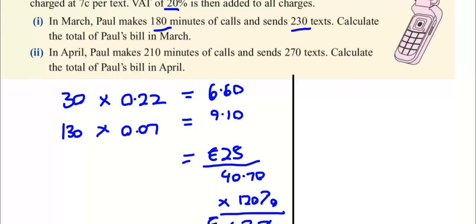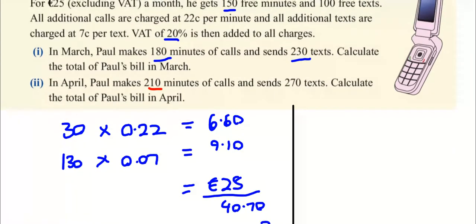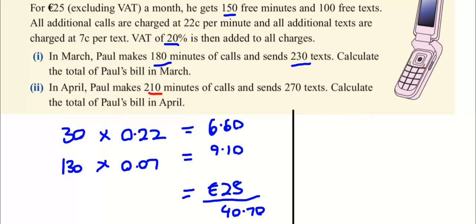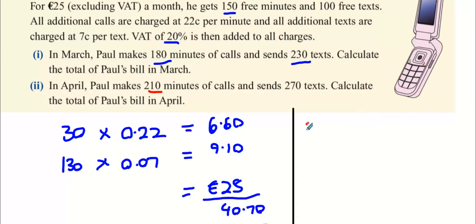And in April, what we get is 210, which equates to 60 minutes extra that were charged, because it's 60 minutes above the 150 free limit, so it's going to be 60 multiplied by 0.22.